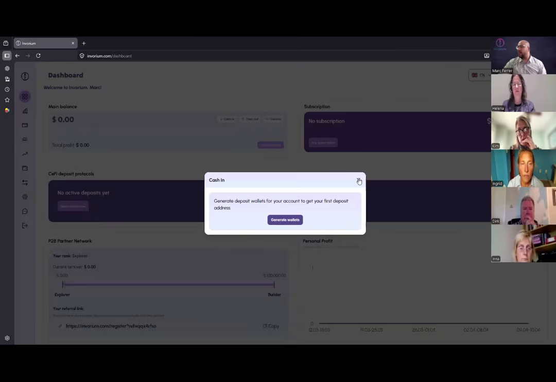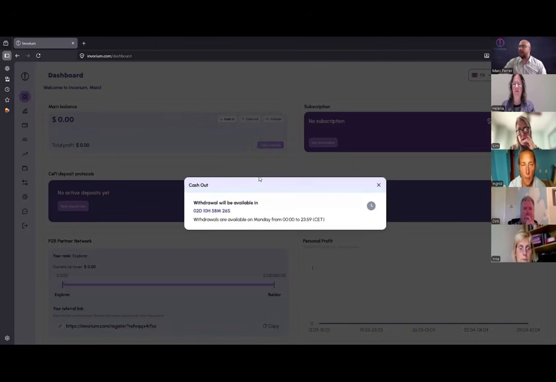We continue and we encounter the cash out button. You make the profit withdrawals here. In Invorium, we pay attention to security. Therefore, every withdrawal passes through secure protocols. For withdrawal to your non-saved wallet, there will be an additional confirmation in the settings using a code sent to your email and your phone number.